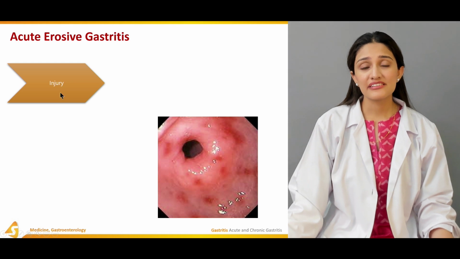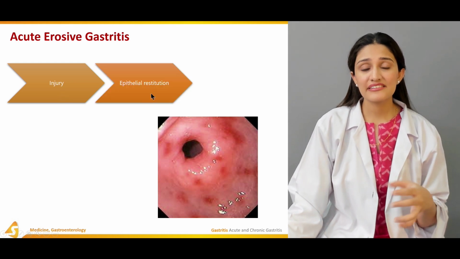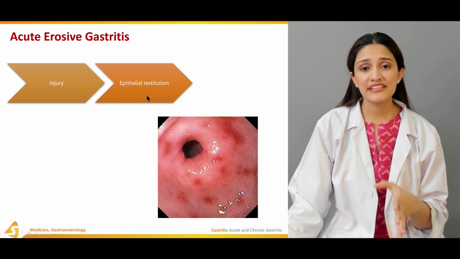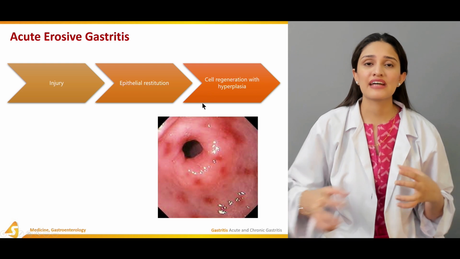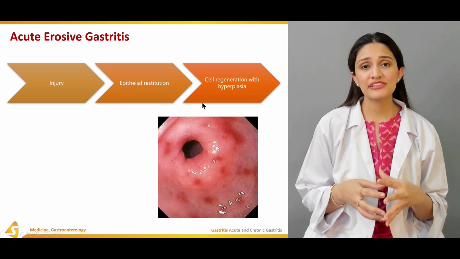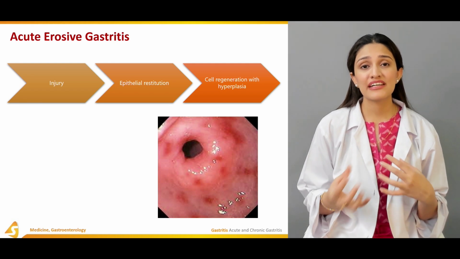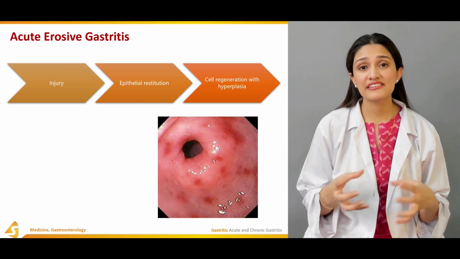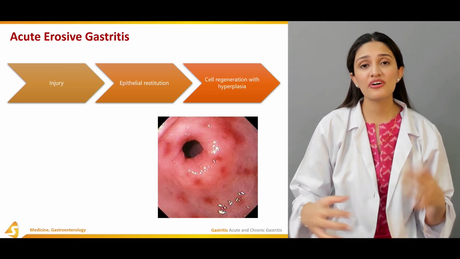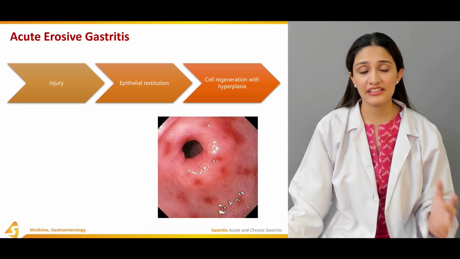It usually induces injury to the gastric epithelium, which leads to epithelial restitution, and then finally cell regeneration and hyperplasia. So this sort of gastritis does not involve any edema or inflammation, or the colonization of different epithelial cells and inflammatory cells. So this is more of a reaction as compared to inflammatory gastritis.